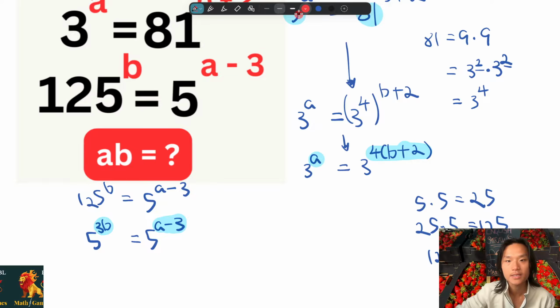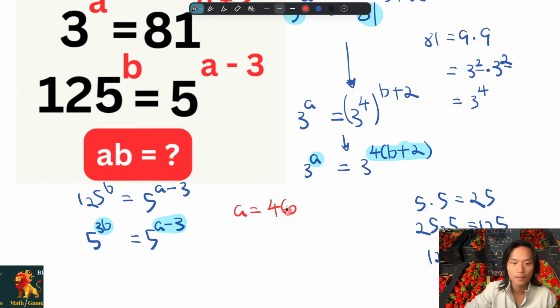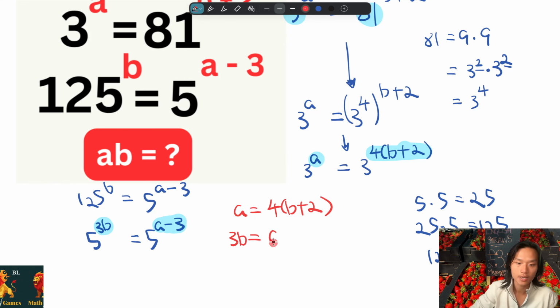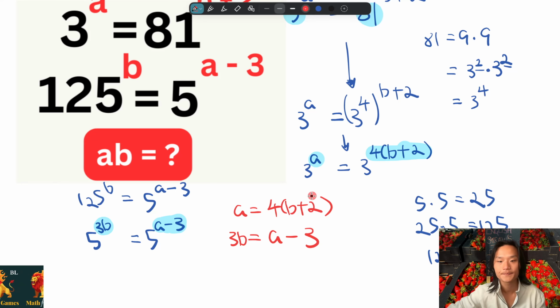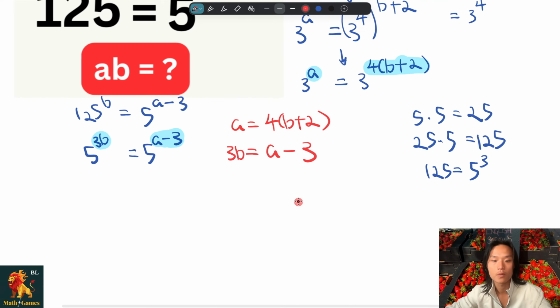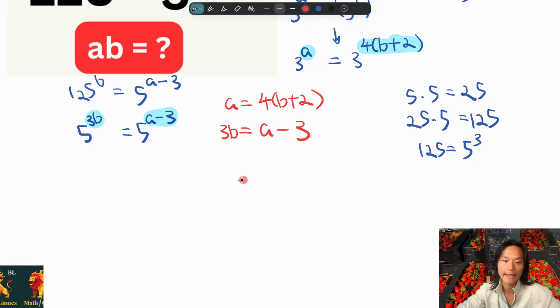What that means is we have the two following relationships. a equals 4 times (b plus 2), and 3b equals a minus 3. Okay? So now we want to solve for a and b.